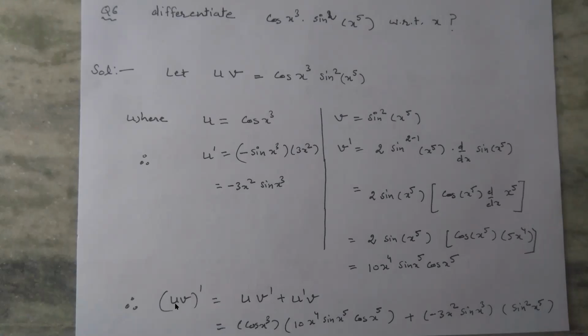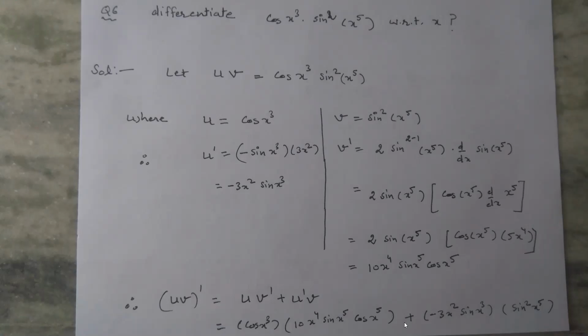Now, according to the product rule, the derivative of uv is equal to u v dash plus u dash v. So we put in the respective values. u is cos of x cube into v dash, and v dash is 10x raised to power 4, sine x raised to power 5, cos x raised to power 5.